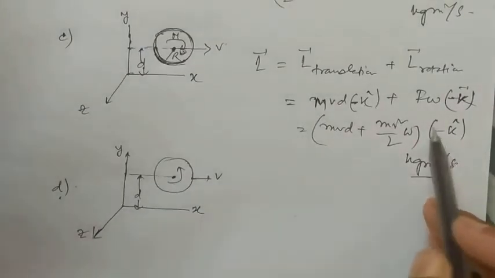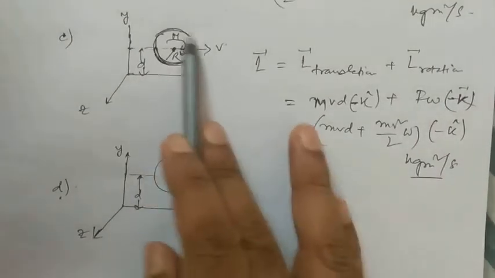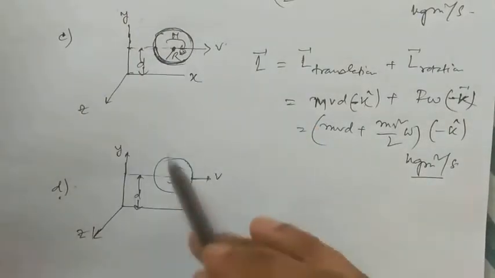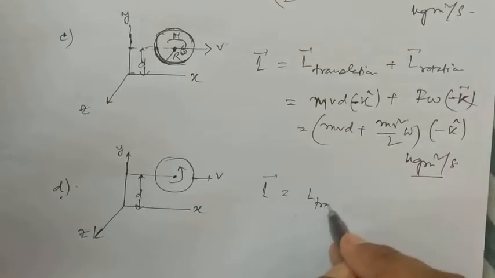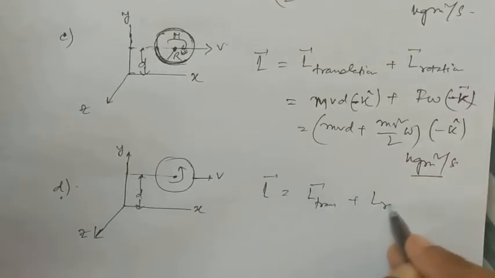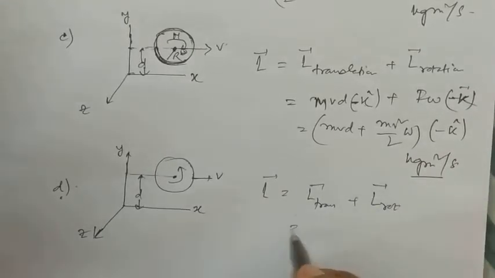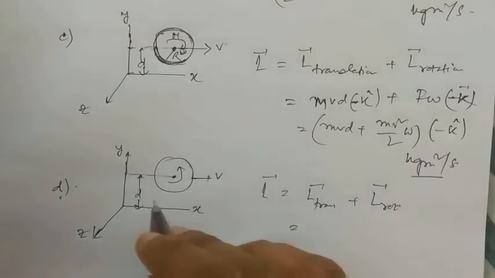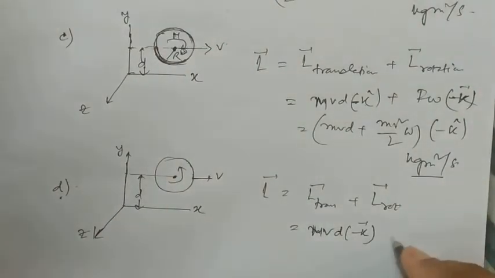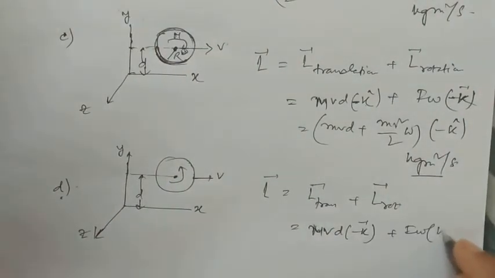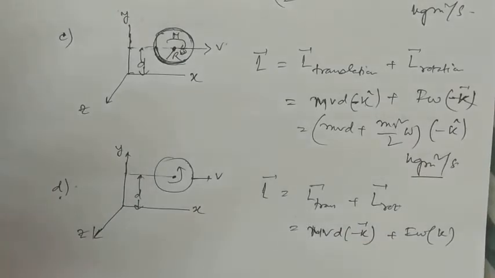Now the fourth one is the same as the third, with only one difference, that is the direction of rotation of the particle is in the anticlockwise fashion. So we can write L is equal to L translation plus L rotation. Translation is the very much the same value m v d, direction along minus k, but I omega will be along the positive z axis.